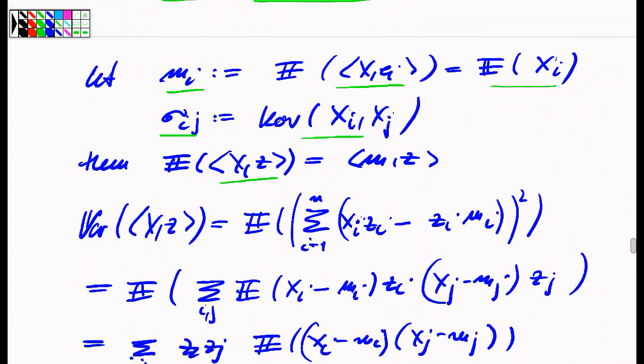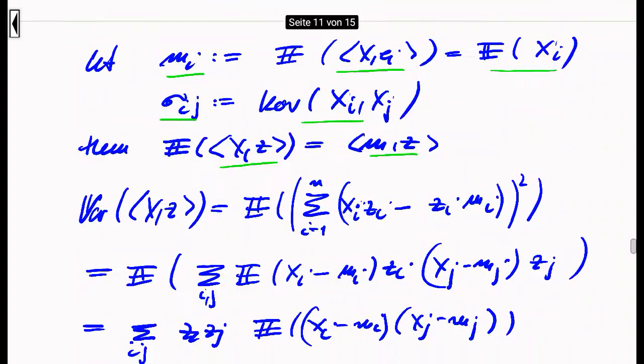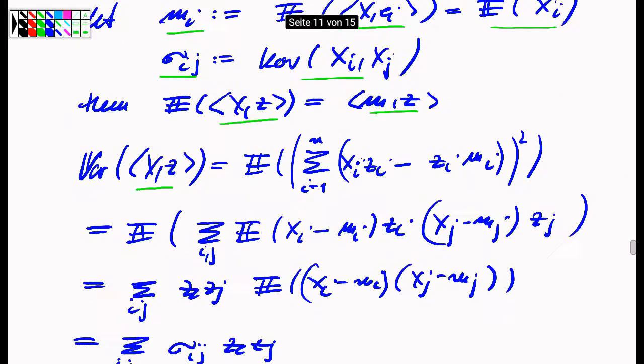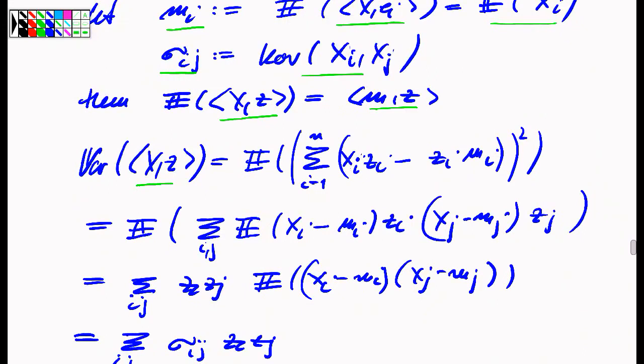Then obviously the expectation of x in direction z is just the inner product of this m vector with the z vector, and the variance of xz, if we write out what this means, is the expected value of the inner product of x with z minus the corresponding expected value, squared.